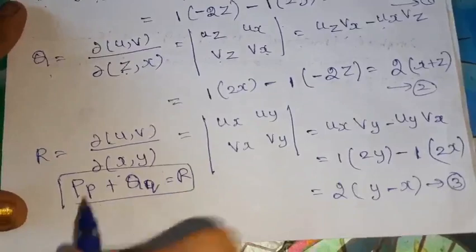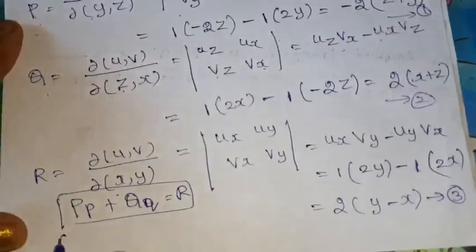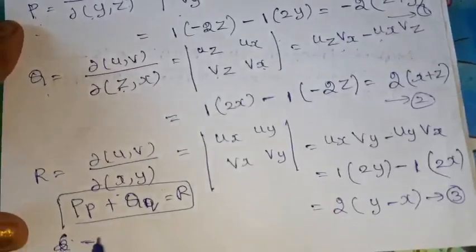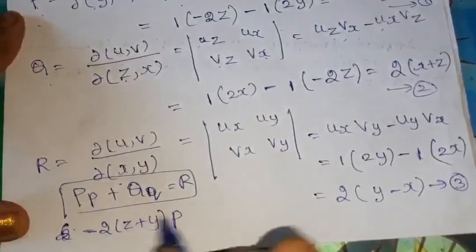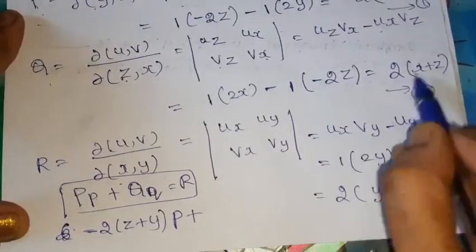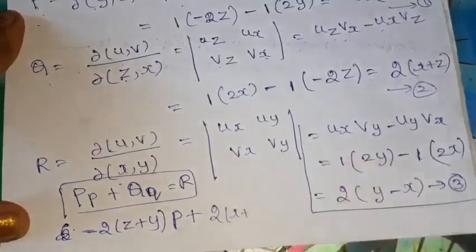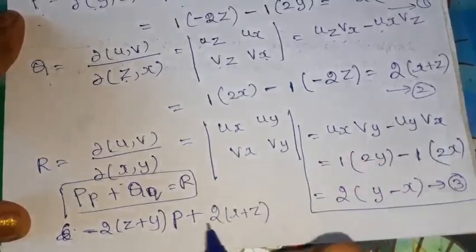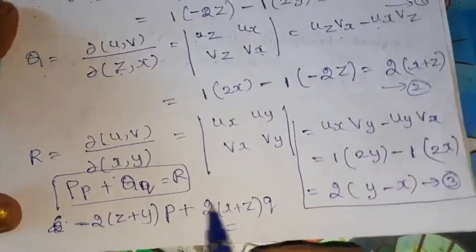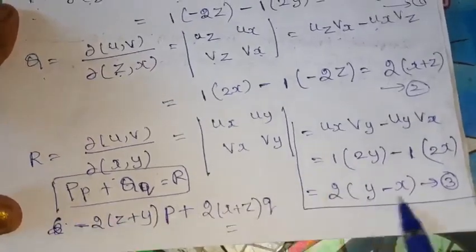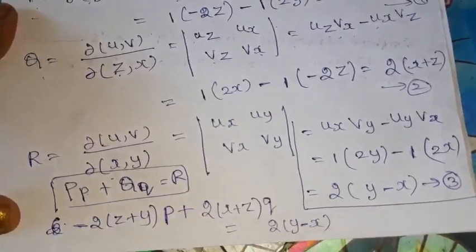So P is from equation 1: minus 2 into z plus y, into small p, plus what is capital Q? 2 into x plus z, into small q equal to R. What is R? R equal to this term, 2 into y minus x. All are multiples of 2.